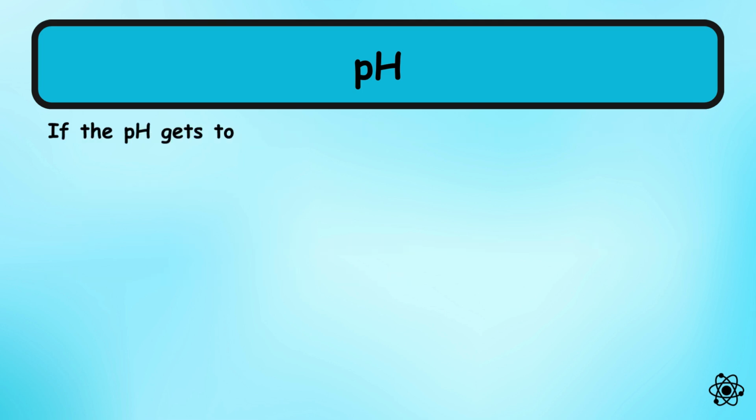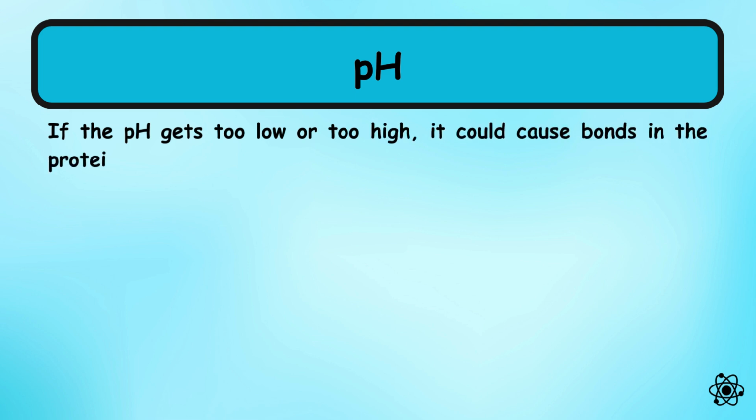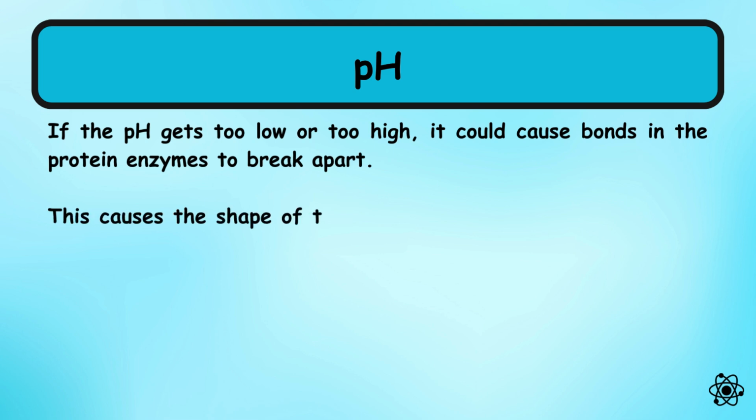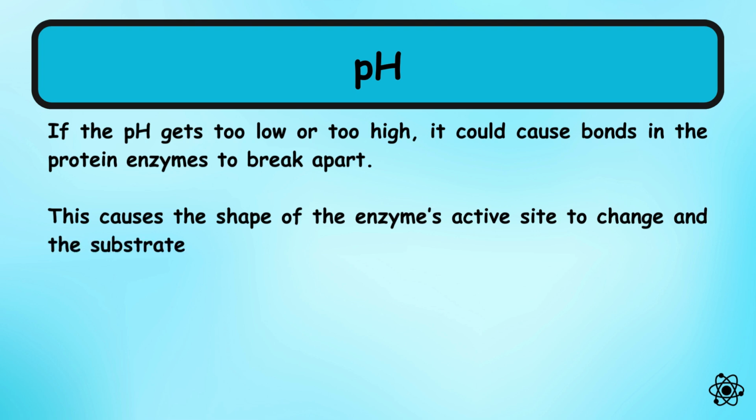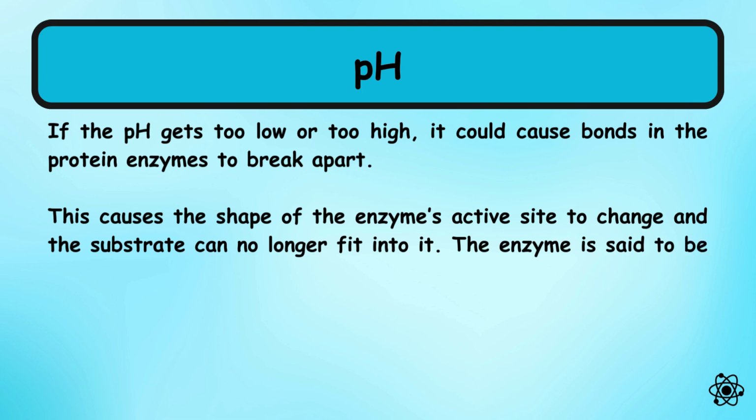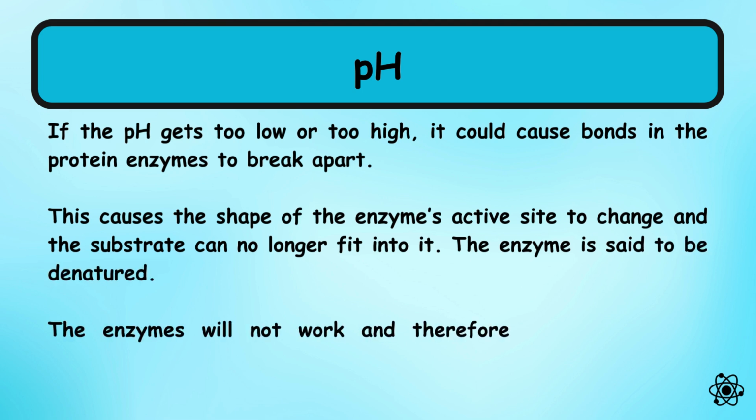If the pH deviates too much from their optimum pH, it will cause the bonds to break in the enzymes, thereby changing the shape of their active site, resulting in the enzymes getting denatured. The substrate will not be able to fit perfectly in the active site. This means the enzymes cannot function properly.